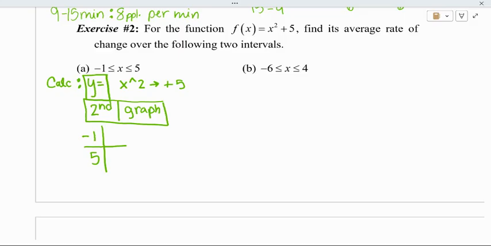And then hit second graph. You want the -1 and 5.